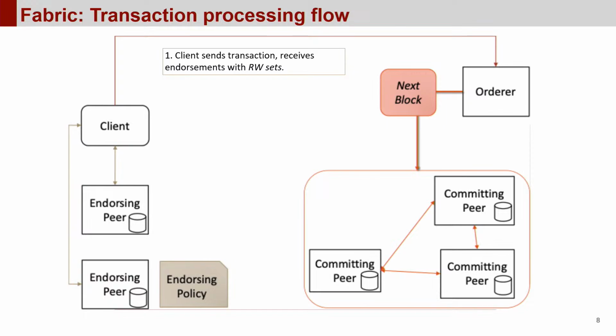It sends the transaction to endorsing peers, because it needs to get an authorization. Every transaction in Fabric requires an authorization. From whom? Well, that's totally configurable, as everything in Fabric. There is such a thing as an endorsing policy. The endorsing policy dictates from whom the client needs to get an authorization. An endorsing policy can be maybe 2 out of 3, or could be a majority, could be anything, right?